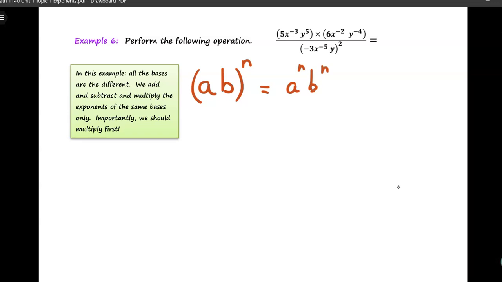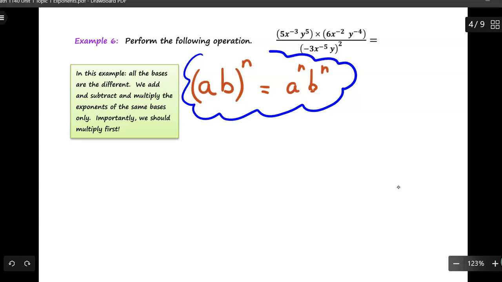Don't forget, this is actually quite important. Let me correct this B.